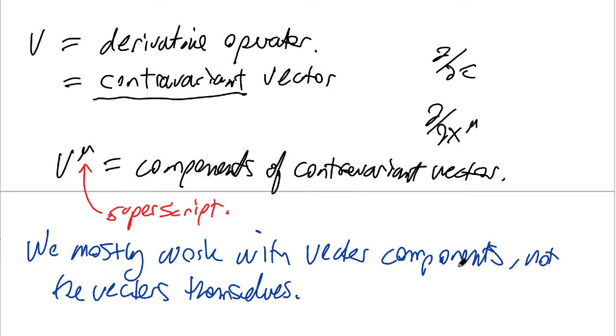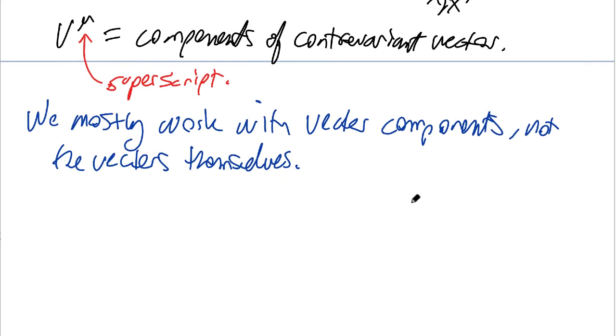So we mostly work with vector components, not the vectors themselves. At some point, I'm sure I'll become careless and I'll refer to v^mu as the vector. But of course, v^mu is not really the vector. v^mu is a set of components. They're the components of the vector in a coordinate basis.